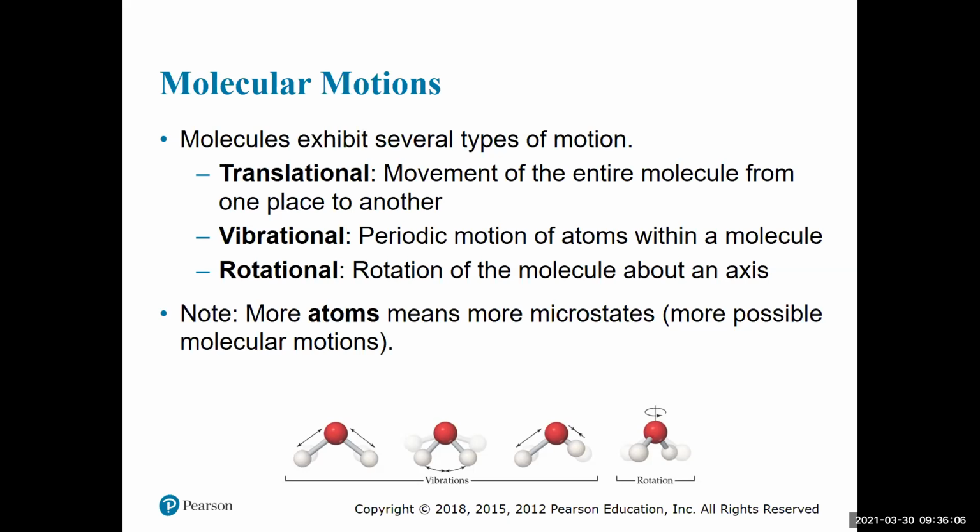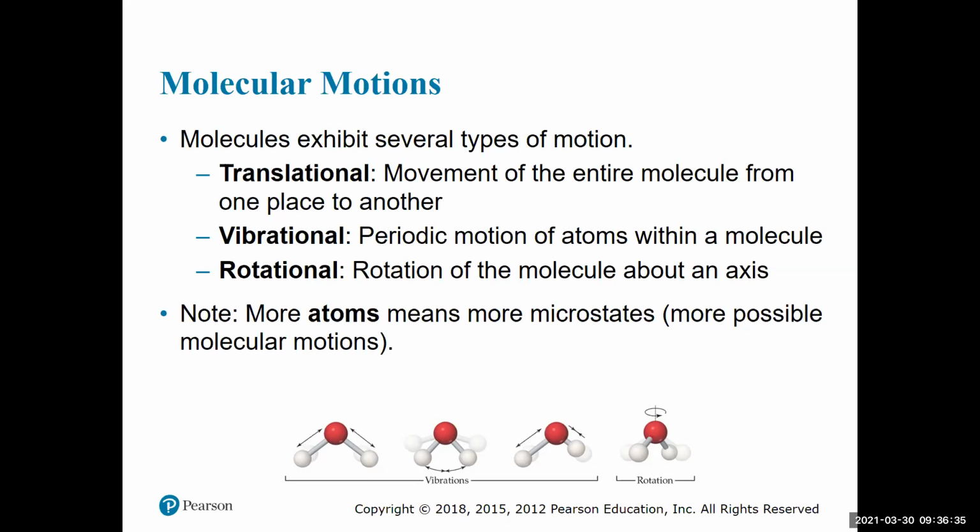We've got a red one and then two white ones there, and you see some double-sided arrows there. What I would ask you to do is think of those bonds as springs. Think of this bond on the first one as a spring between the red atom and the white one. What would happen if you started playing with it? It would kind of go back and forth, wouldn't it? So that's a vibration that can occur.